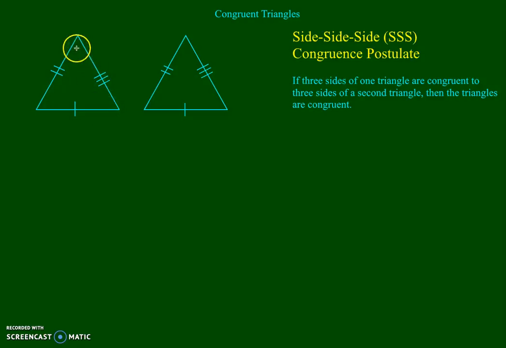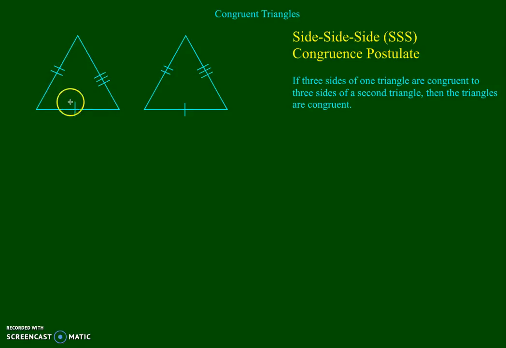You would clearly see that by changing any angle, if I change this angle, that would necessitate a change in the side length of the opposite side. So I can't change that angle. Likewise, if I change this angle, this side length would alter. And if I change this angle, this side would have to change.